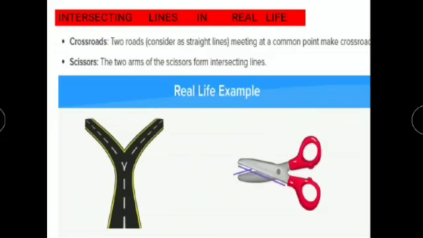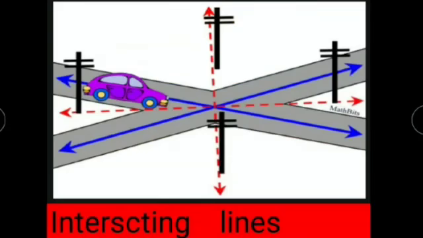Here are examples of intersecting lines in real life. The two roads meeting at a common point make crossroads.